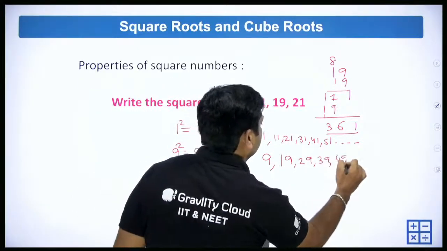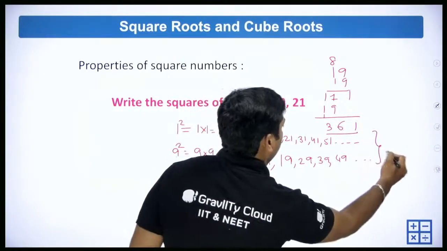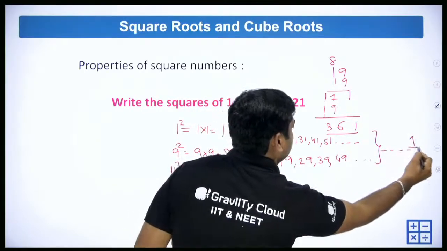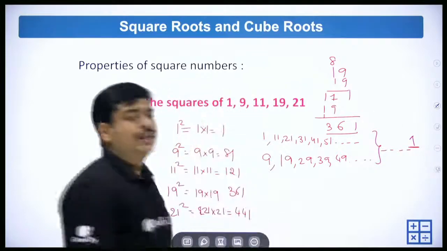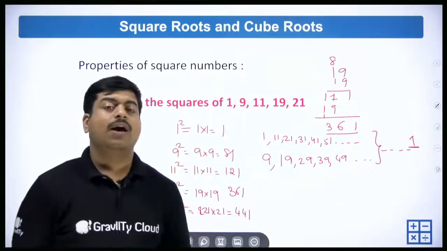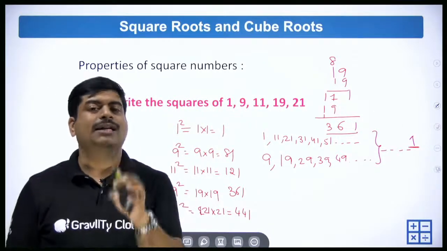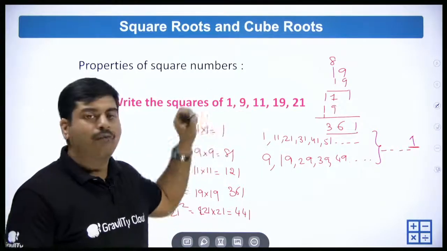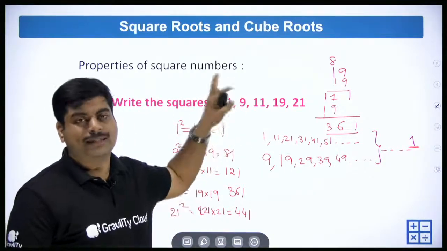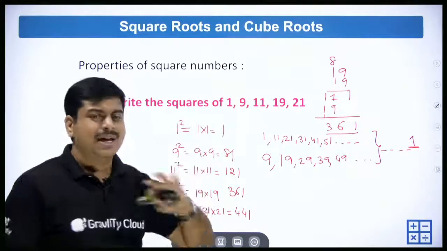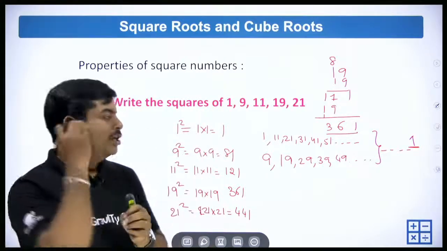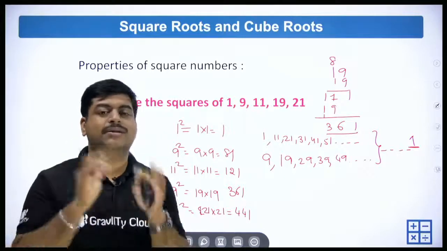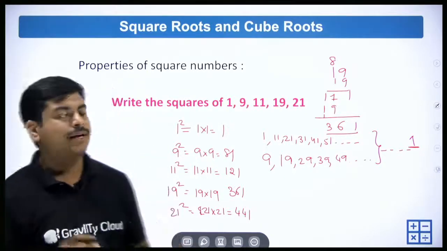All these numbers' squares will also end with units digit 1. So whenever you see a perfect square ending with 1, you can directly see that the number will have 1 or 9 in the units place. Right, it's very straightforward, no need to learn anything. It's basic mathematics you can understand with examples. Correct? A very beautiful approach.